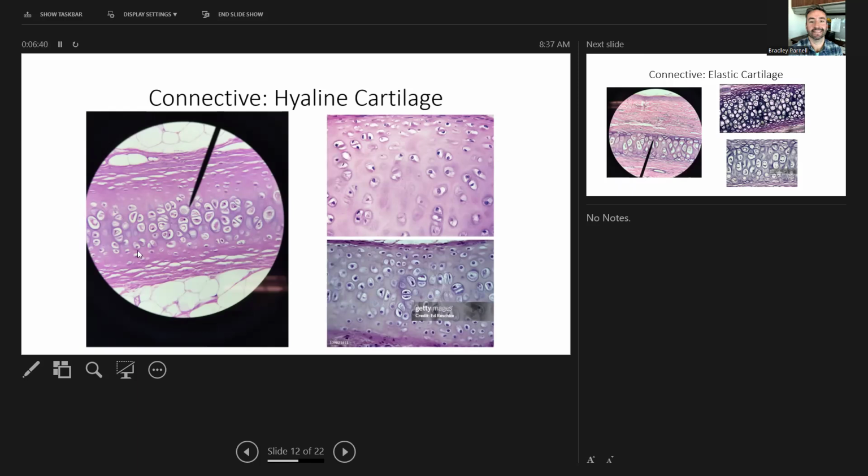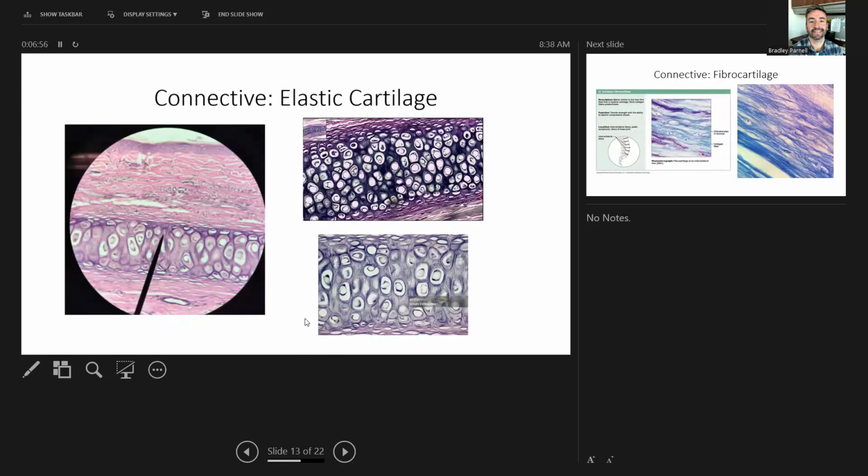It's got all of these pink collagen fibers in it, but a lot of space as well for water in the background so that it can withstand compaction at those joint surfaces. Now, with cartilage, the second type is called elastic cartilage. So just like when we looked at that areolar connective tissue, those darker, stringy looking things in the background are elastic fibers.